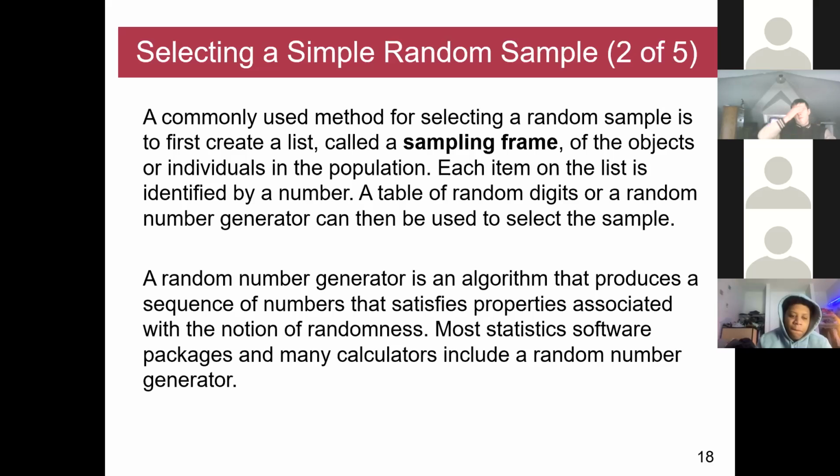It may not be an exact approximation; it may include people who shouldn't be in there, or exclude people that should be in there. We will identify everybody on the list or the sampling frame with a number, and then a table or a random number generated with a calculator or computer is used to select those numbers one by one. And then you have your sample.